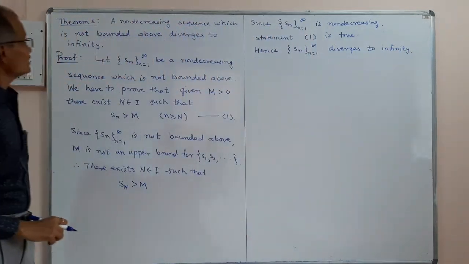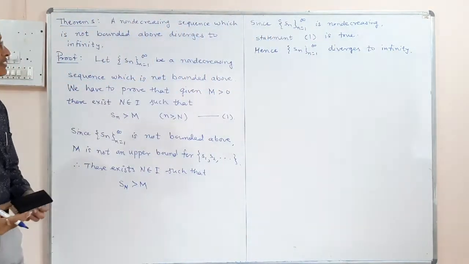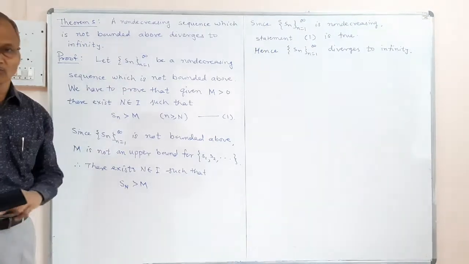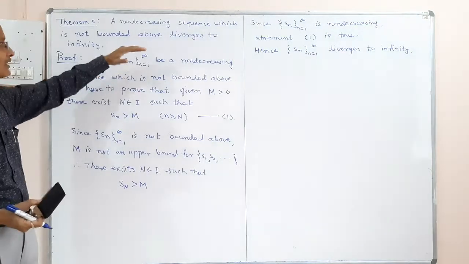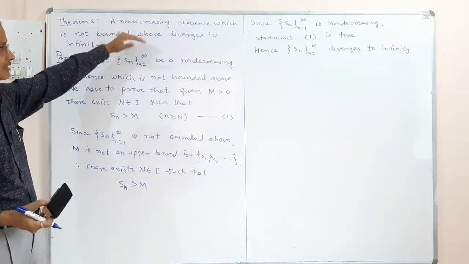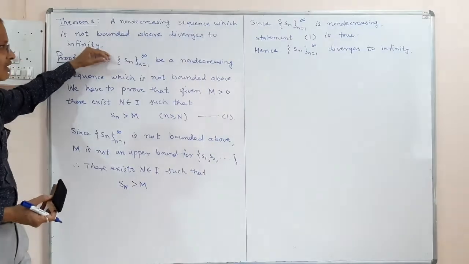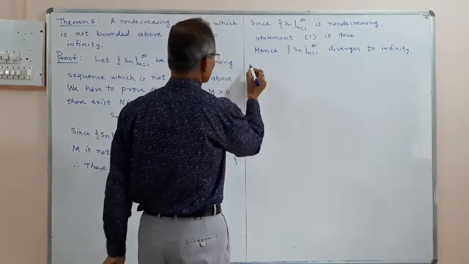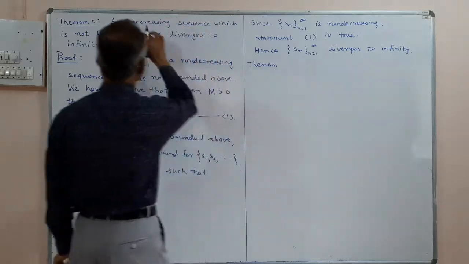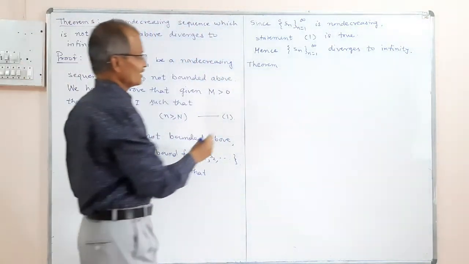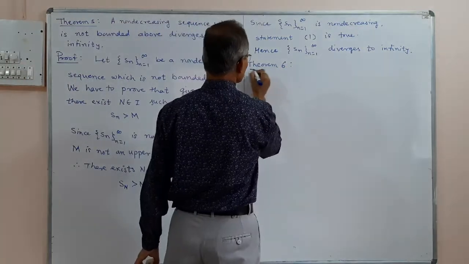Now, these two results we have proved: when it is convergent and when it is divergent. If a non-decreasing sequence is bounded above, then it is convergent, and if it is not bounded above, then it diverges to infinity. Similar to these two theorems, there is a theorem about non-increasing sequences, and we write that as theorem 6.